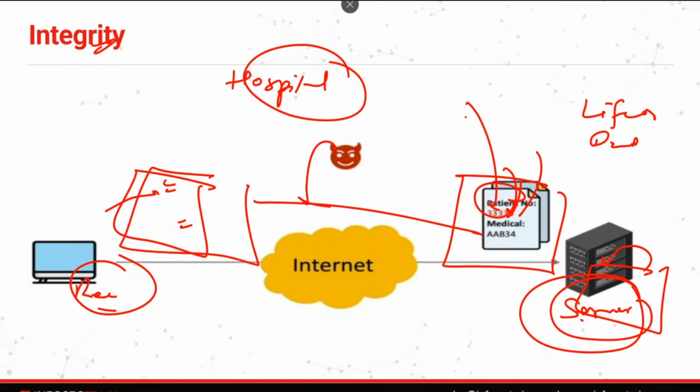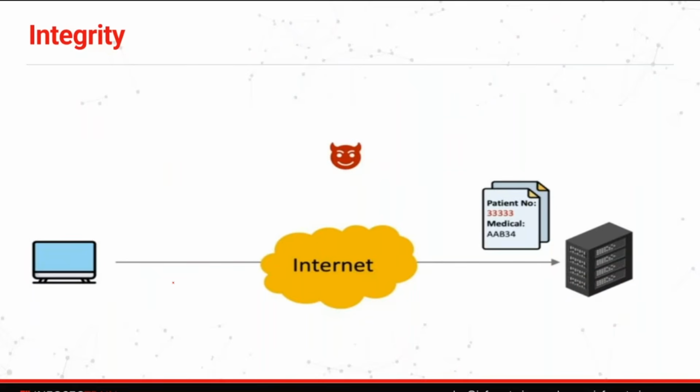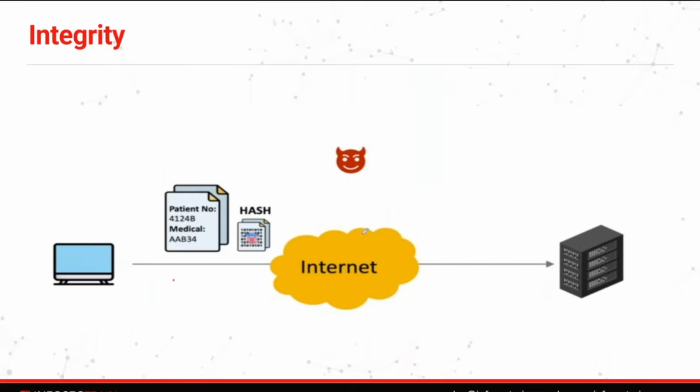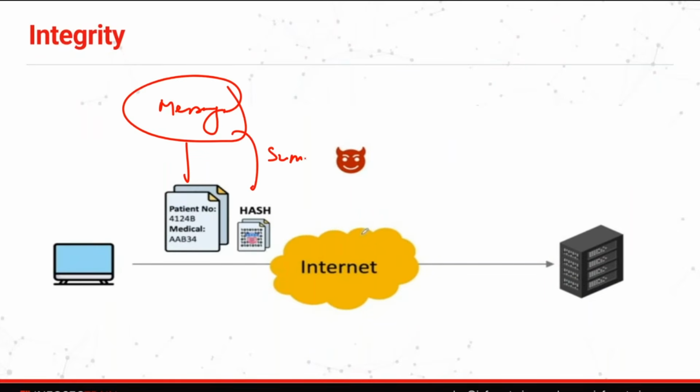So now what can we have as a mechanism here from the defensive perspective? That is your hashing, guys. If you have this message here, I can create a summary of that message.